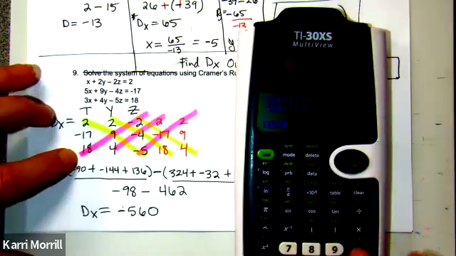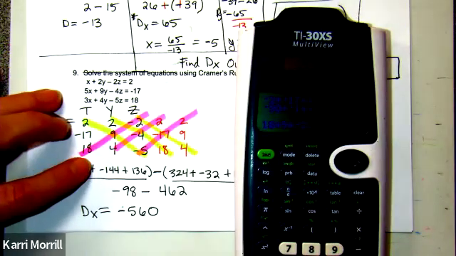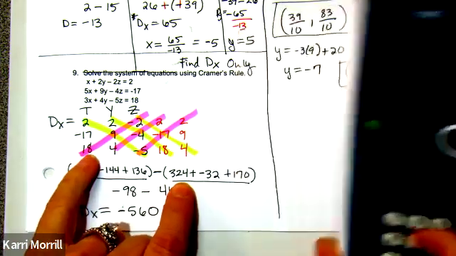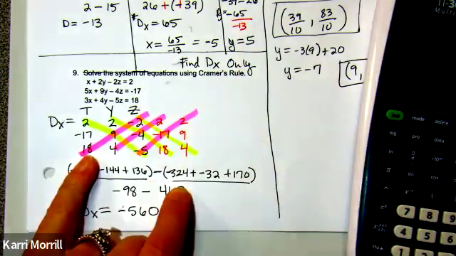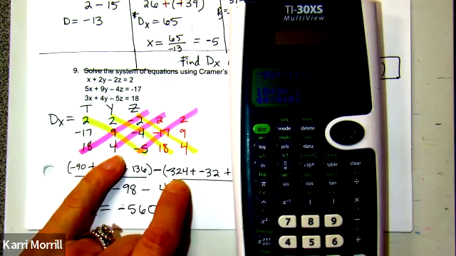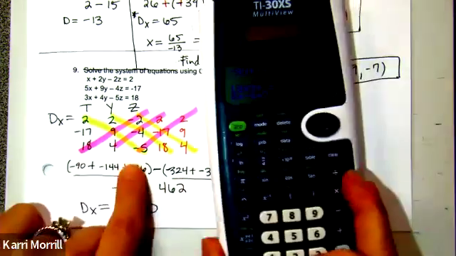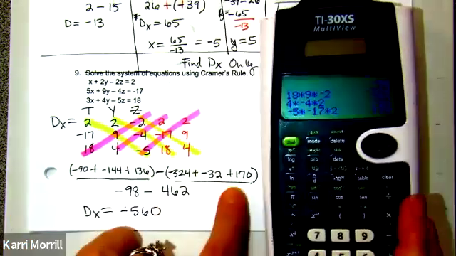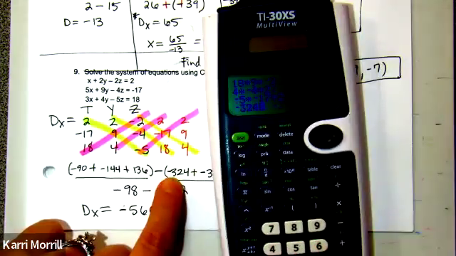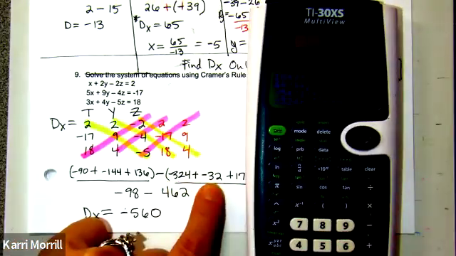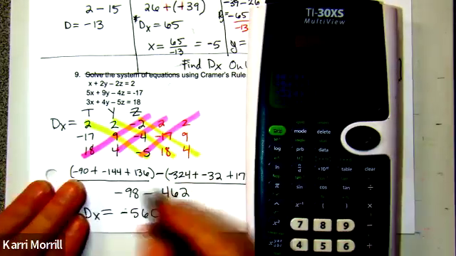So 18 times 9 times a -2 is, there we are. I found my error. I put that as a positive and it was a negative. So this is negative. And then 4 times -4 times 2 is a -32. And -5 times -17 times 2 is a 170. So -324 plus a -32 plus 170 is a -186.